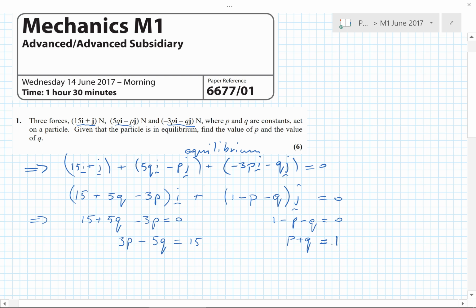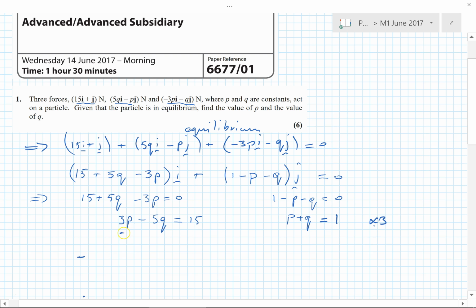So we can times that by 3, getting 3p plus 3q equals to 3. So if we subtract these two, we get minus 8q is equal to 12, so q is equal to minus 1.5. Okay, and then if q is minus 1.5, then p must be equal to 2.5. So that's the first question done.